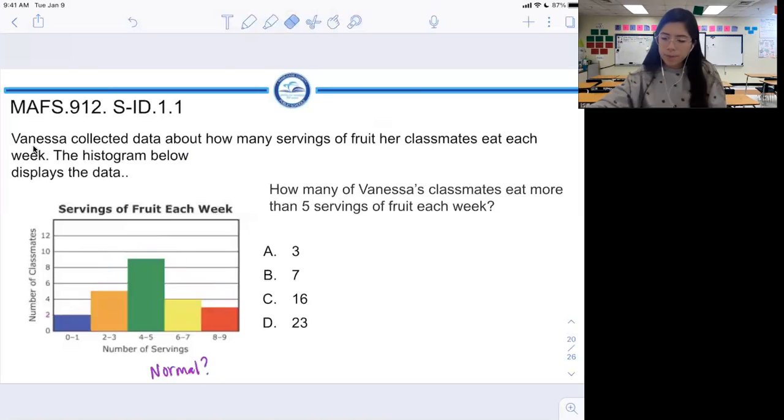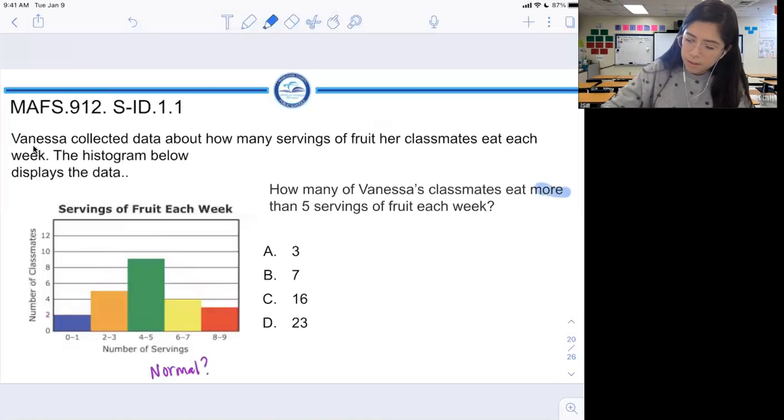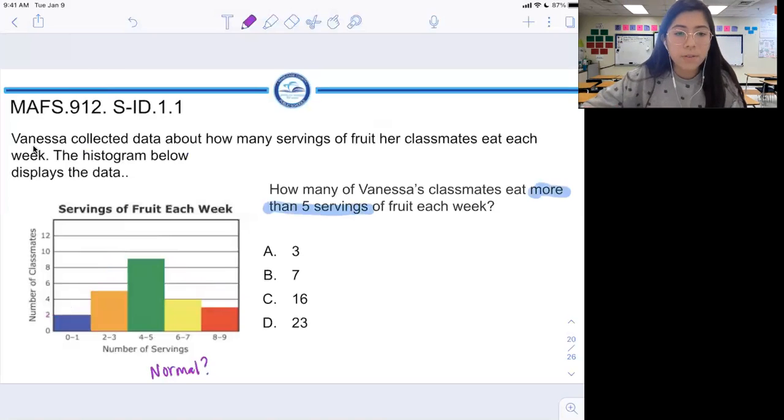How many of Vanessa's classmates eat more than 5 servings each week? So remember, to read this, you have to see where it lies. The first bar is 2.